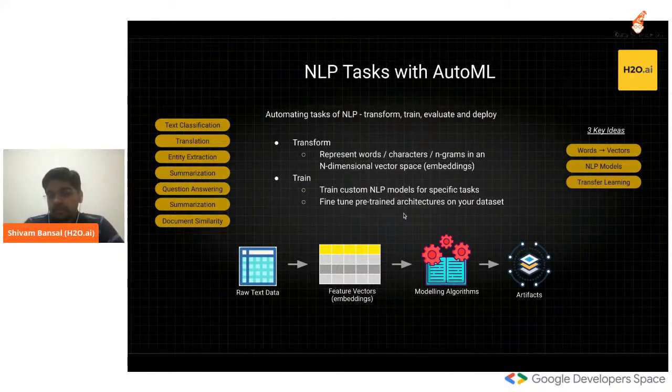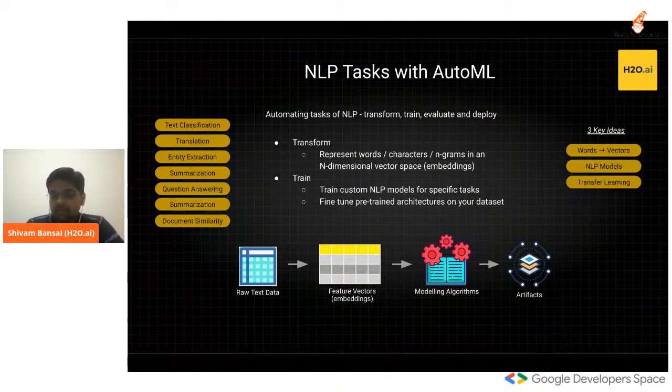And the third idea that is also considered when we talk about NLP and AutoML is fine-tuning of the pre-trained architectures. One advantage in the NLP domain is that we do have a lot of corpora, a lot of data sets available over the web in the form of say Wikipedia, Common Crawl, a lot of news data sets as such. So a lot of pre-trained architectures are available which can be used by the concepts of transfer learning.